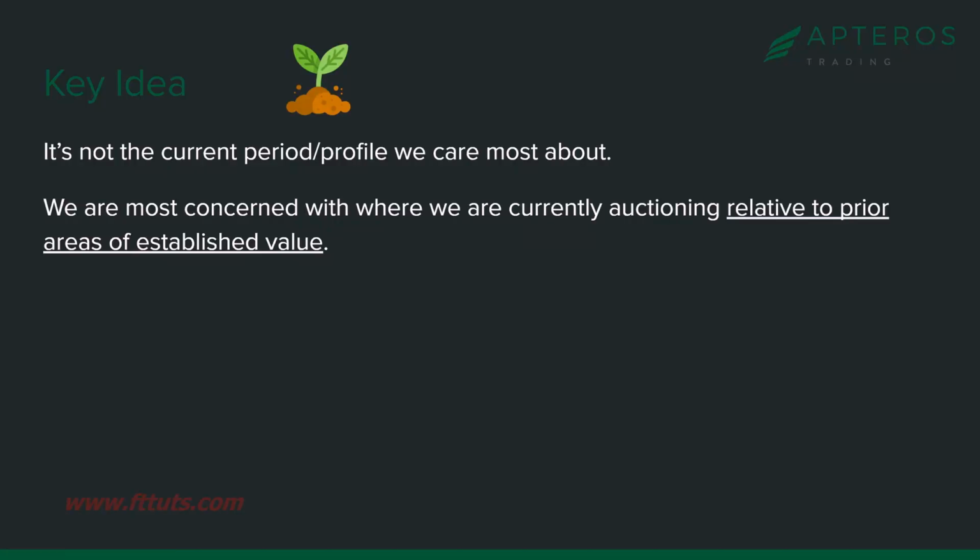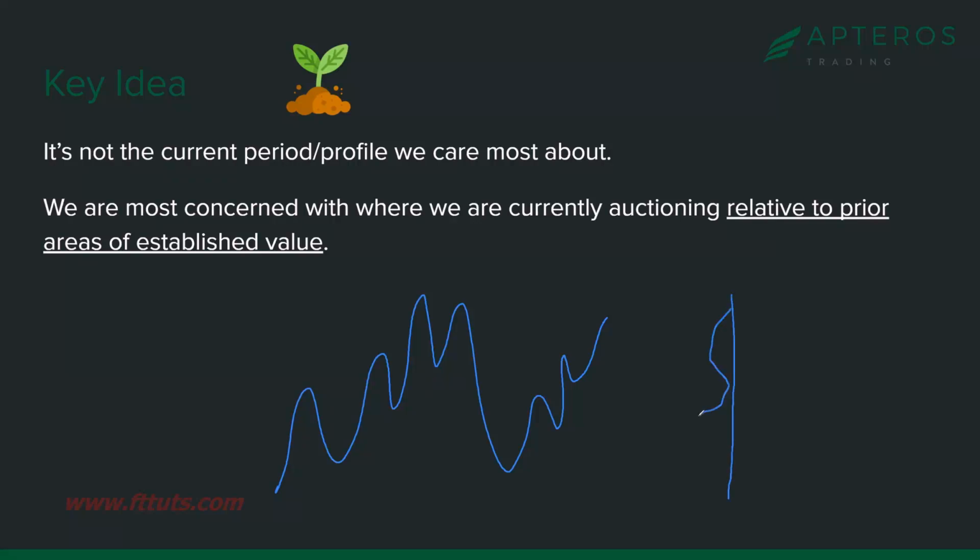Where is that auction process currently relative to prior areas of established value, especially most recent value? That's what matters. A lot of people get into profiling and they think that here's today's price action, and then over here on the hard right edge of their chart, they have the profile for that day's session.